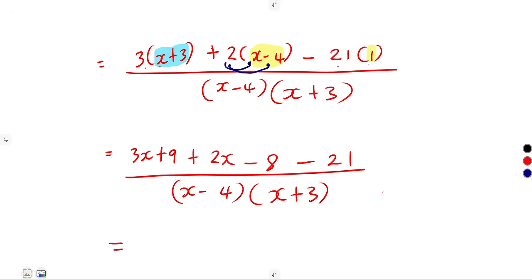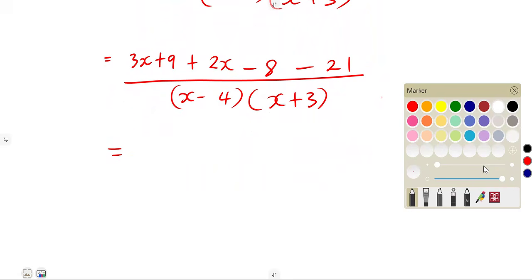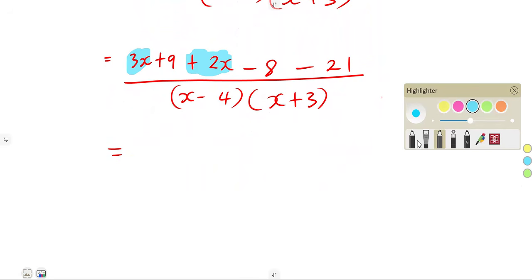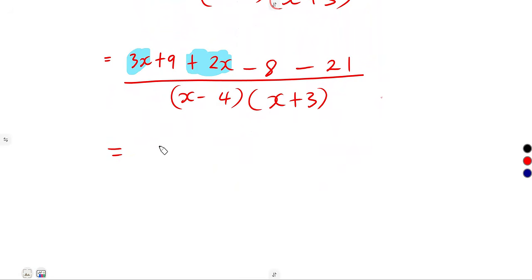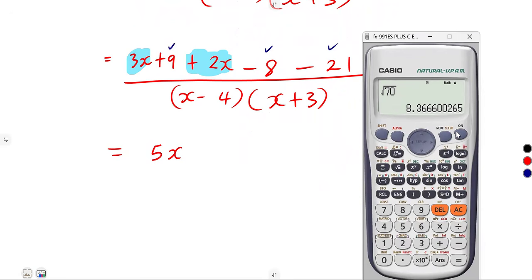So let's collect the like terms, guys. We have got here 3x and 2x. We add these two: 3 plus 2 is 5, so we're going to have 5x. Then the numbers: there is 9, minus 8, minus 21. We can even just use our calculator straightforward.